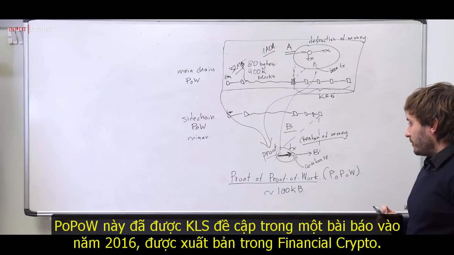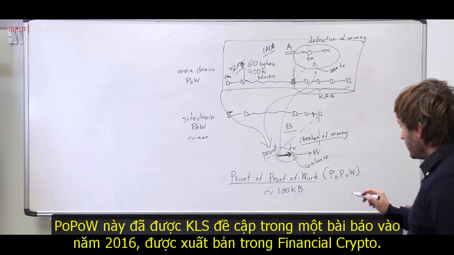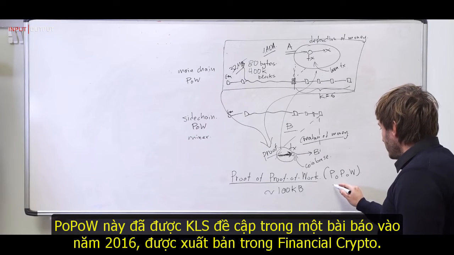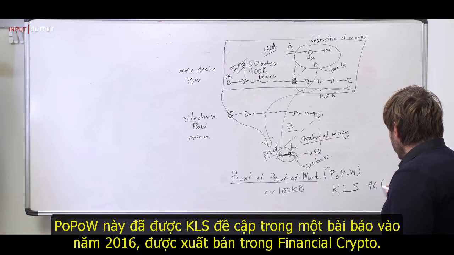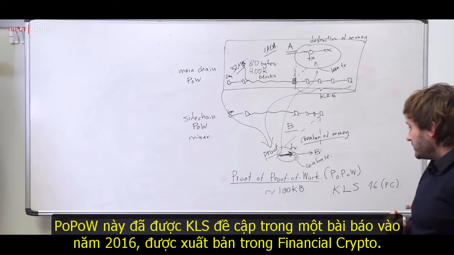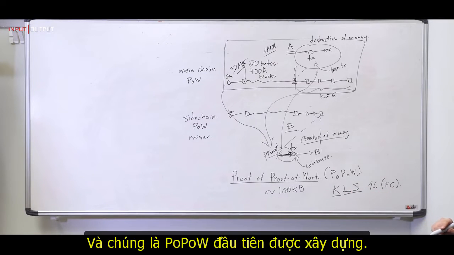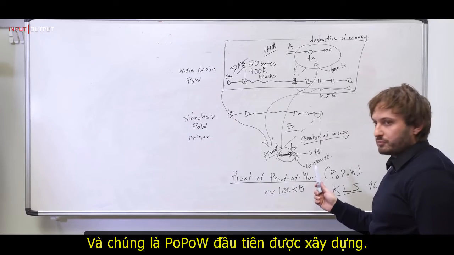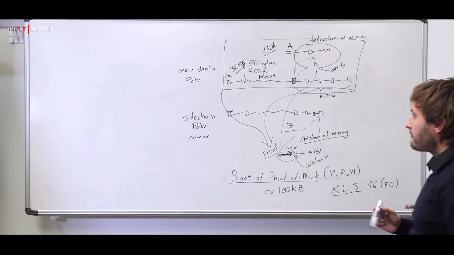These proofs of work have been explored in a paper by KLS in 2016, published in Financial Crypto. So this is Kiayias, etc. And they were the first proofs of proof of work to be constructed.